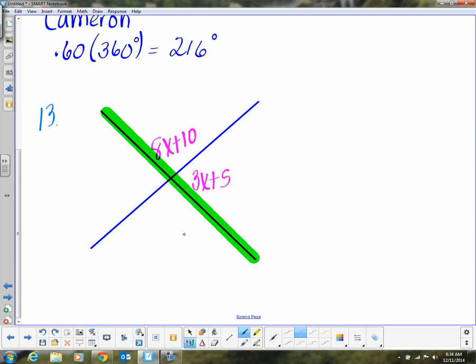No. They form a line, meaning they are a linear pair, meaning they are supplementary. If we trace the sides, they form a Y. So that means 8x plus 10 plus 3x plus 5 equals 180.